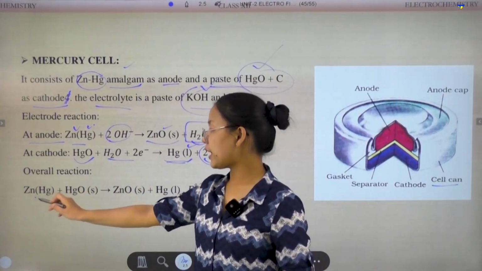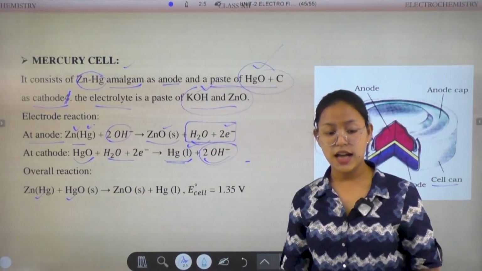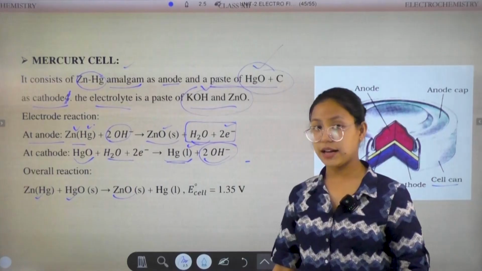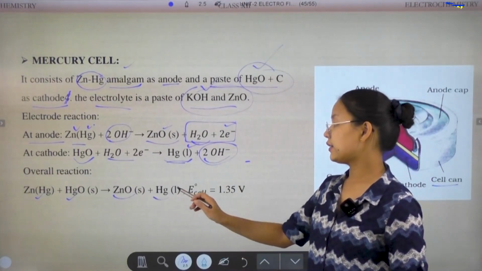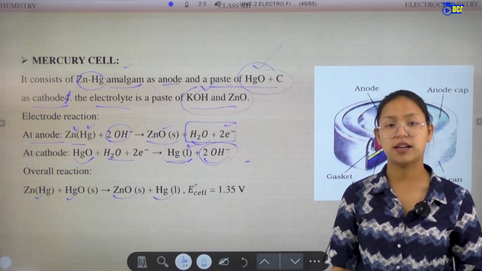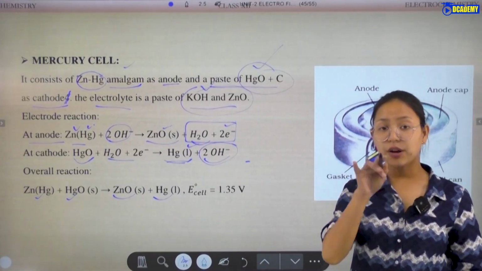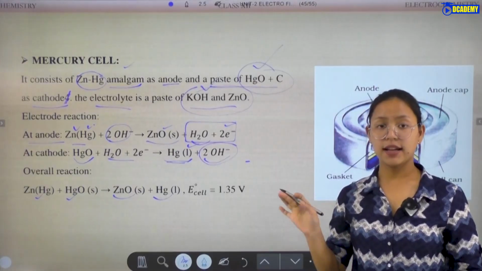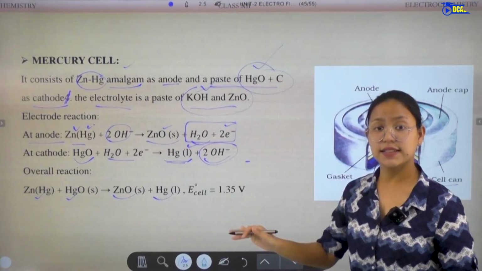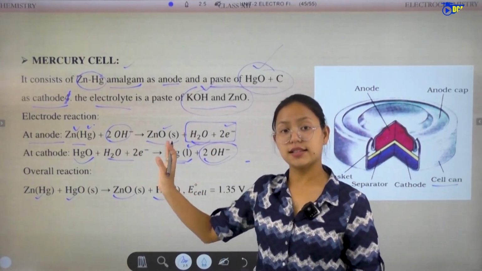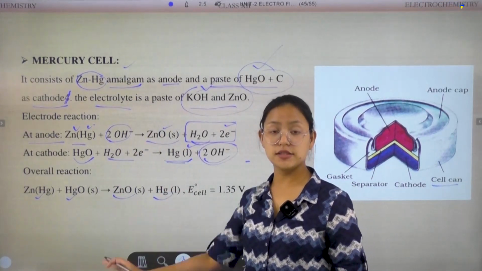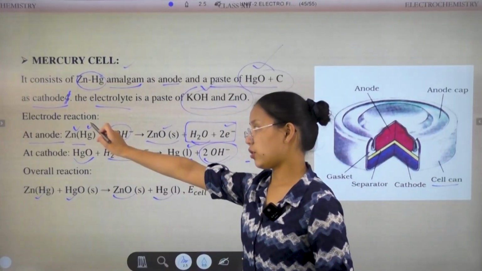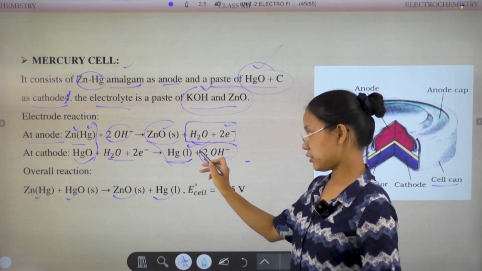Now the overall reaction. Zinc amalgam and HgO react, and the products are zinc oxide and mercury. We know that there are electrolytes whose ions or charges take part in the reaction, but when you see the overall reaction, you see only this part and this part.